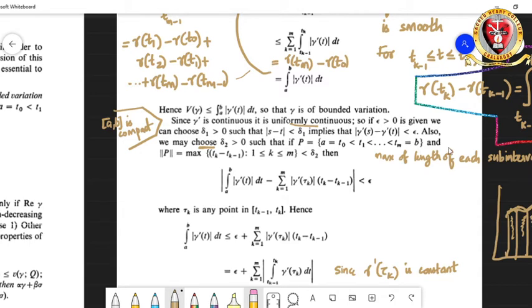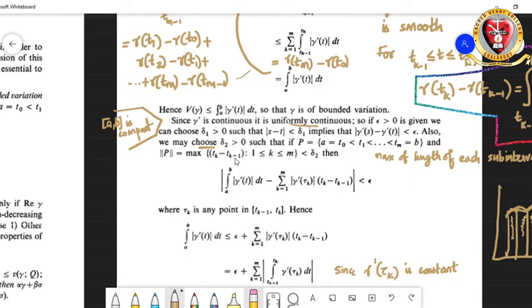And also we have the possibility of choosing a delta 2 greater than 0 such that we can form a partition P equal to t naught strictly less than t1 strictly less than t2 etc. strictly less than tm, where the norm of P is the maximum length of the subintervals.